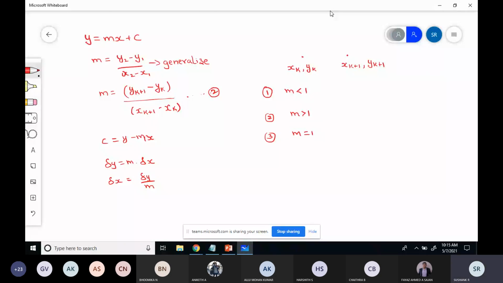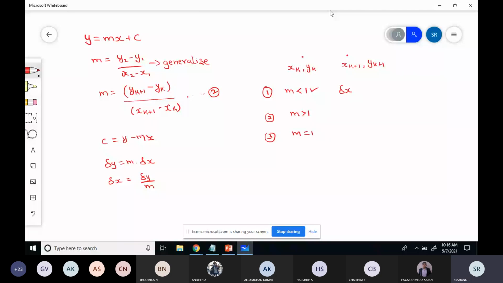So 3 cases will be there. m can be greater than 1, m can be less than 1, and m can be equal to 1. When m is less than 1, this delta x can be set to a small horizontal deflection voltage, such that there will be corresponding vertical deflection with respect to y.